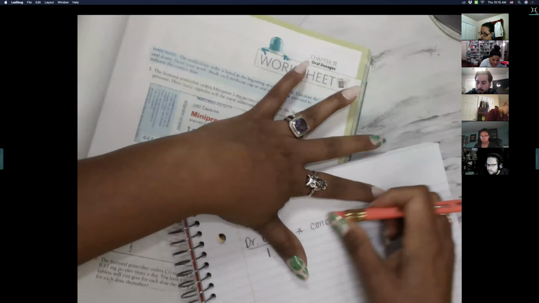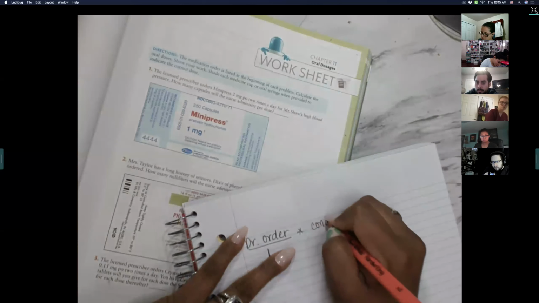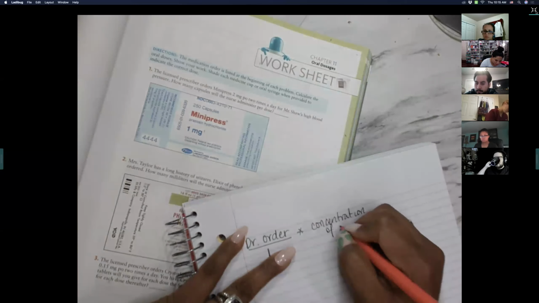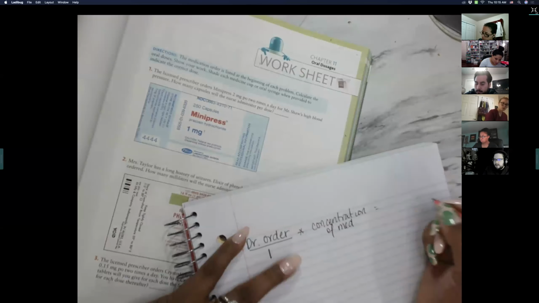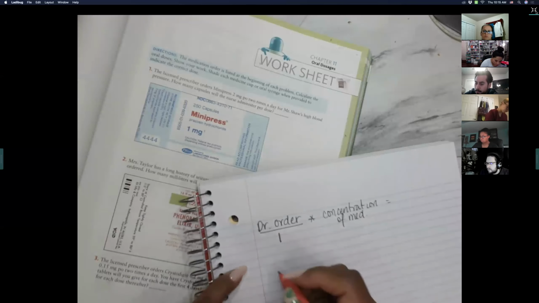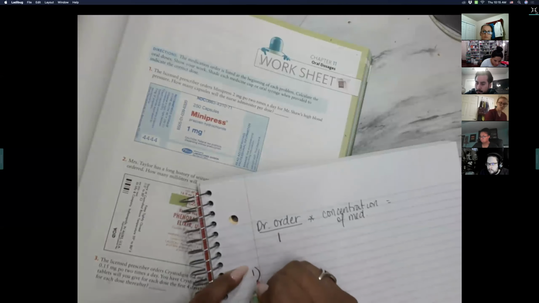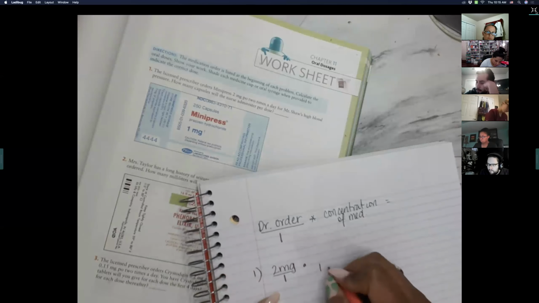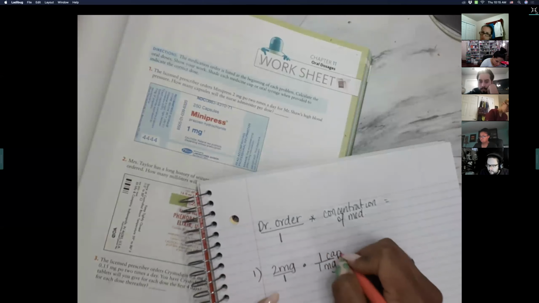So this is the concentration of your medication. For this particular problem, the doctor ordered 2 milligrams. The medication is available as 1 milligram per 1 capsule.